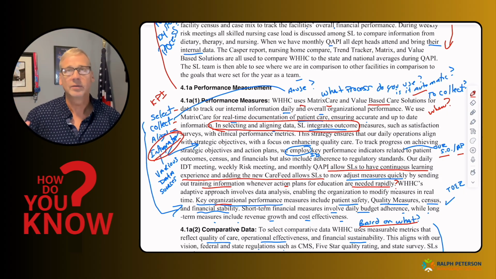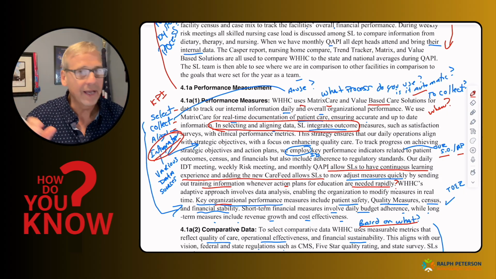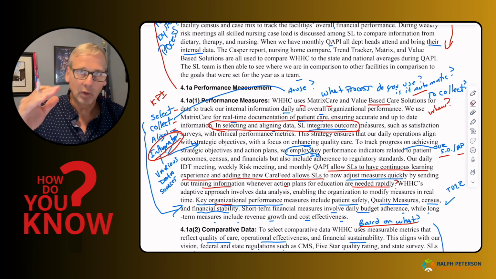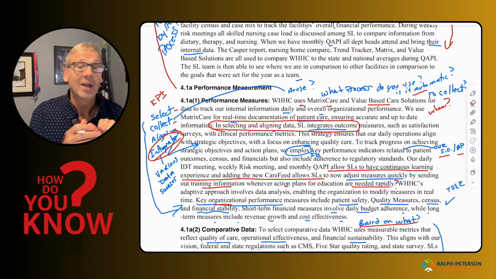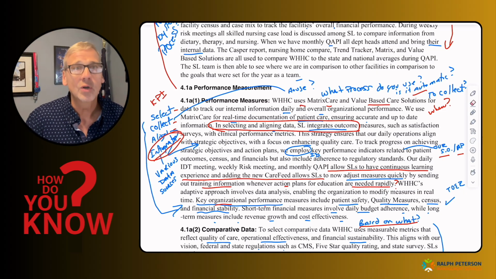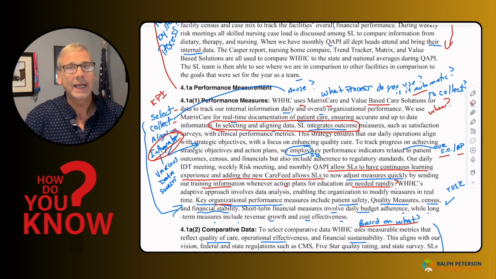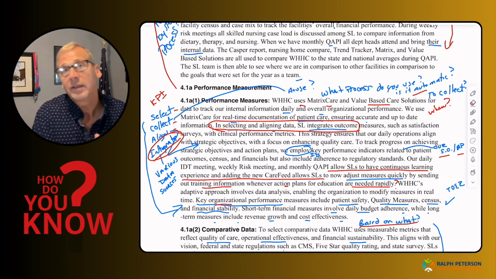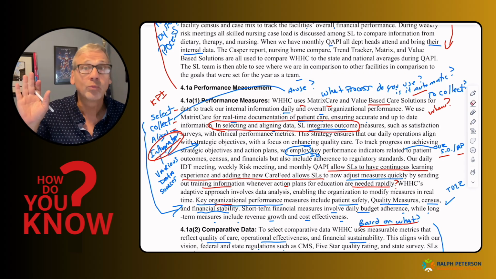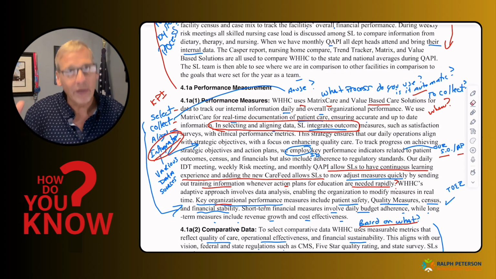It's a great list. So you're selecting your data for daily and overall performance measures based on what is important to you and what is directly aligned with your KPIs, your strategic objectives, and your action plans. That's really the long and short answer of it.